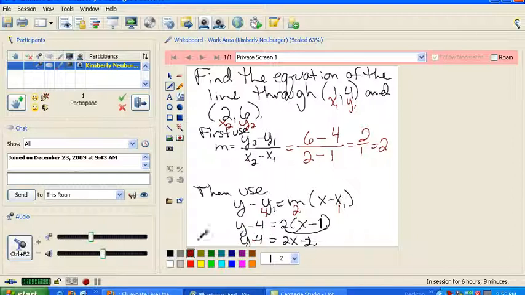Then we need to go ahead and move the 4 over, so we're going to add 4 to both sides. Those cancel, and the final answer is y equals 2x plus 2. So that's how you would deal with a problem where you're not actually given the slope and you need to find the slope and then use it in the formula.